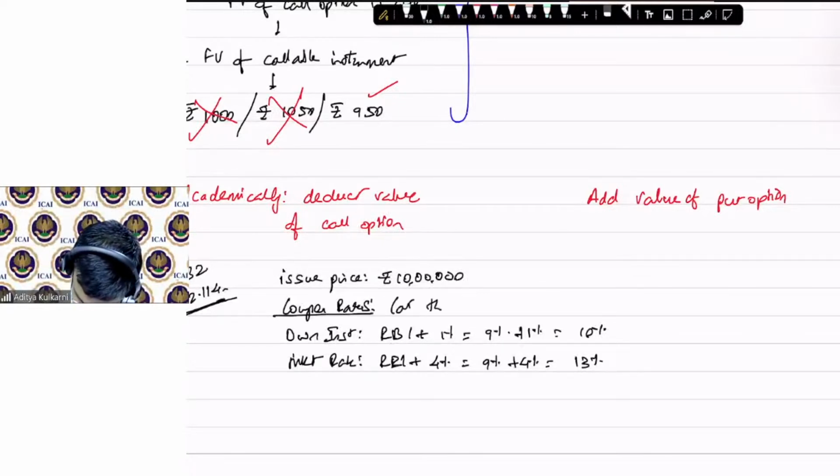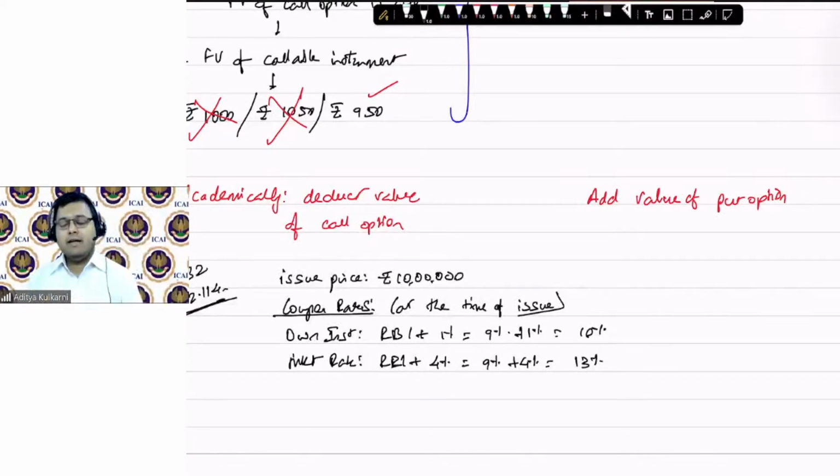This is at the time of issue. There will be a change in the amortization table that will be adjusted towards the end. This is how we are going to proceed.